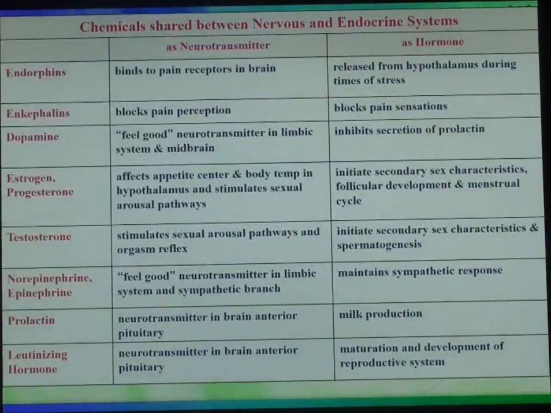And these are some of the molecules that can function both as hormones or as neurotransmitters. So, for example, look at the first one, the endorphins. Endorphins can function as neurotransmitters where they bind to pain receptors in the brain. But if they are released from the hypothalamus into the blood, affecting different organs, then we can consider the endorphins as hormones.